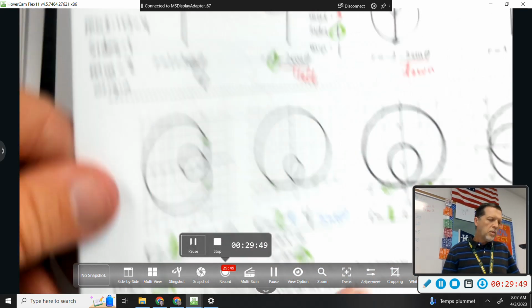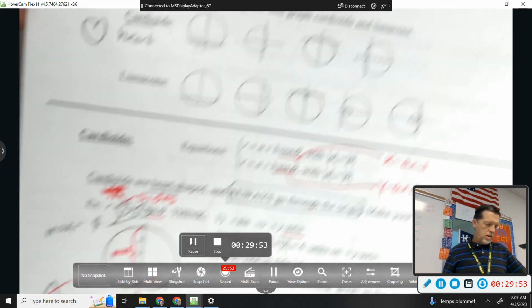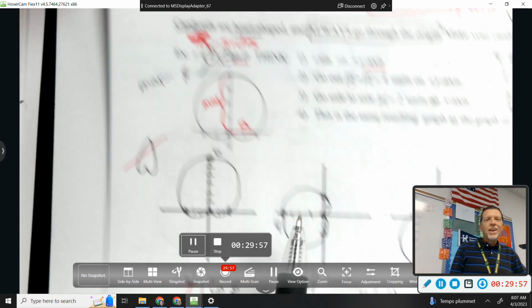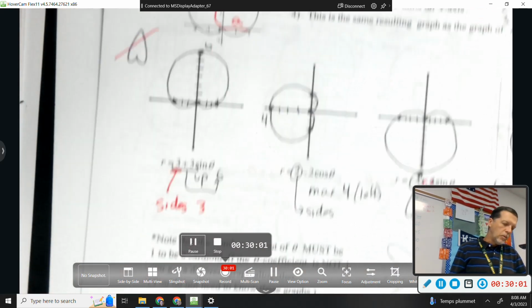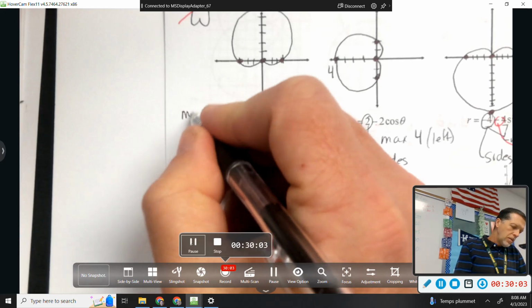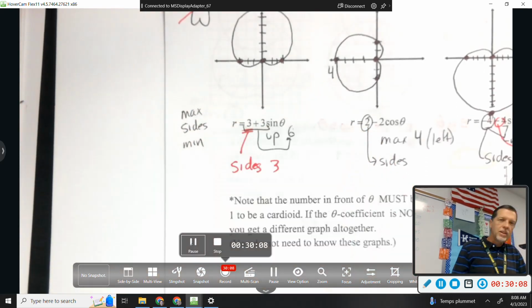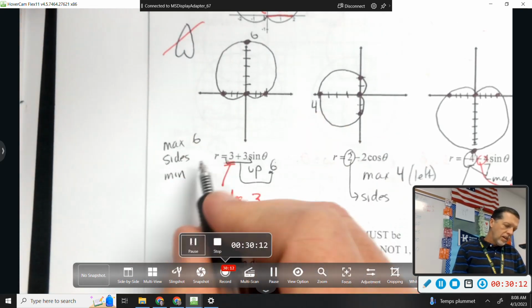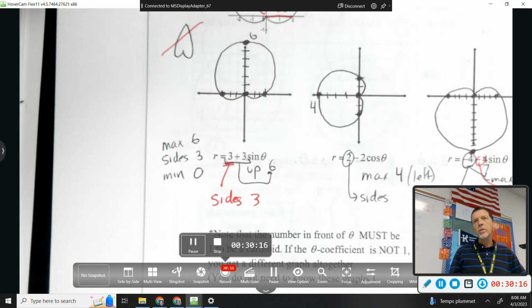Let's back up all the way to the cardioids. And so you don't even have to know the difference between a cardioid and a limacon, really. If you want to do max, sides, and minimum on all these, 3 plus 3 would be the max. The sides would be 3. And the minimum would be 0, which would put you at the origin.